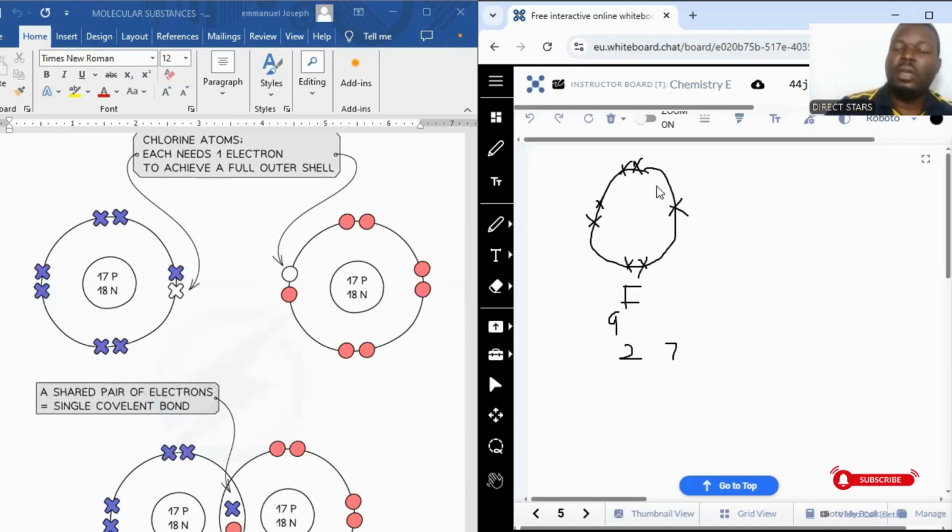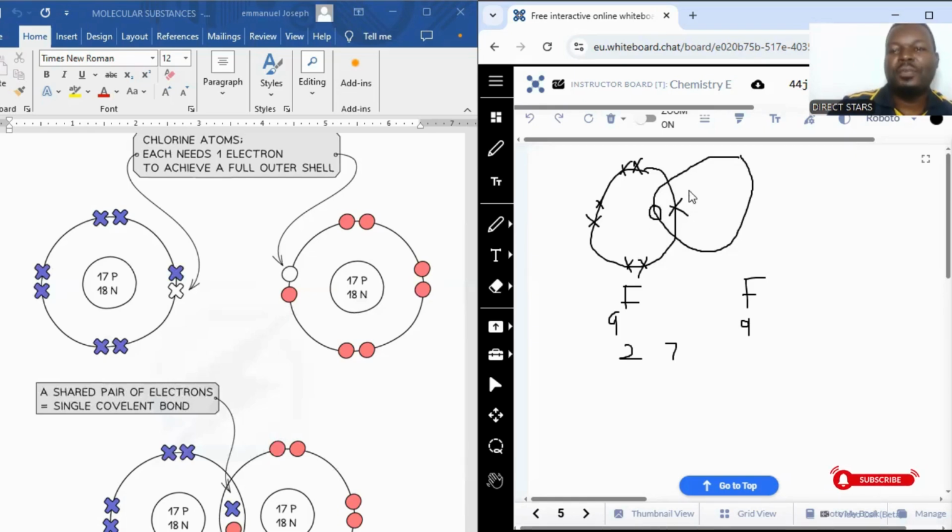Now you would notice the fluorine atom has 7 outer electrons, which means it needs 1 to achieve that octet structure, to make the outer electrons 8 for stability. The next fluorine atom is also in need of 1. So they can come together like this and share each of the electrons they have.